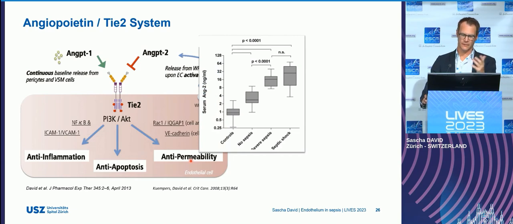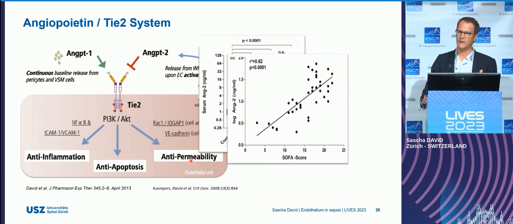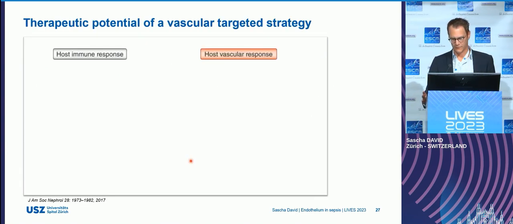And you can see this here in kind of biomarker studies. The increasing strata of the disease show you increasing levels, increasing organ failure, as indicated by SOFA score, shows you increasing angiopoietin-2 values. It even discriminates for survival. And what is the beautiful part about this is, remember, I said it's really hard to monitor the immune system.